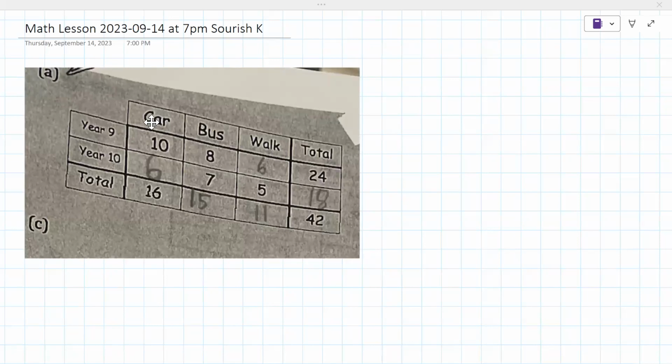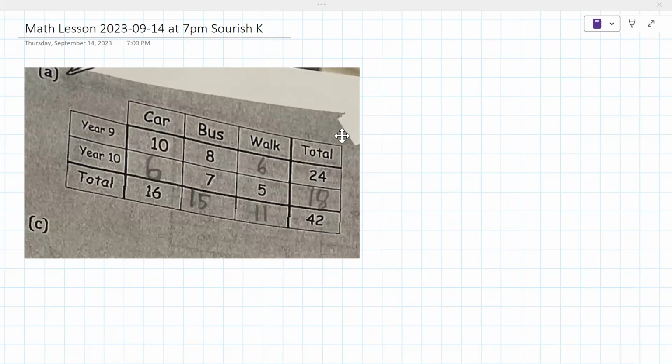Okay, so tell me what does 15 mean? What does 15 represent here? It represents the number of people who took a bus. Okay, and then 11? 11 who took a walk. Now tell me what 24 represents.